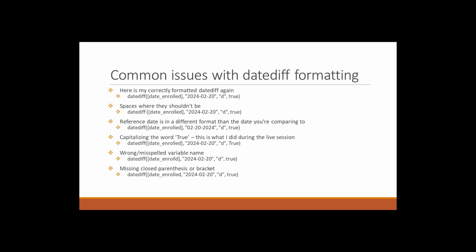The next is the reference date being in a different format than the date you're comparing to. If you've got a year, month, day field, your reference date needs to be formatted the same way. If you've got a month, day, year, again, your reference date needs to be formatted the same way. So check the format on your date field when you're choosing how to format your reference date.